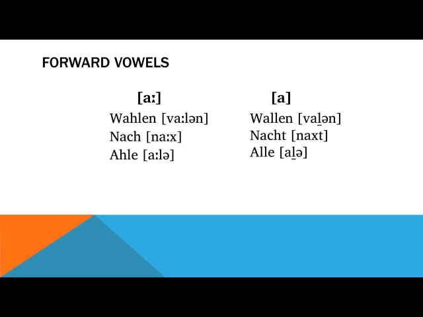Wahlen, Wallen, nach, Nacht, alle, alle. So this duration is actually very important to German. It does change the meaning, and even though the notes in the piece are going to be set for a certain duration, we still need to know when it's actually long and when it's supposed to be short.